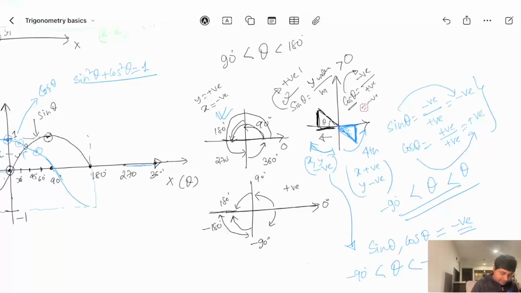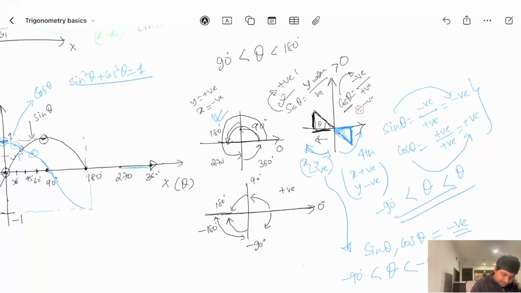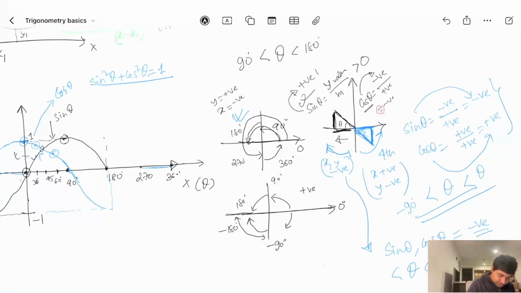In terms of theta, it will be bigger than 180 but less than 270, or you can think of it as -90 to -180, because -90 is nothing but 270.